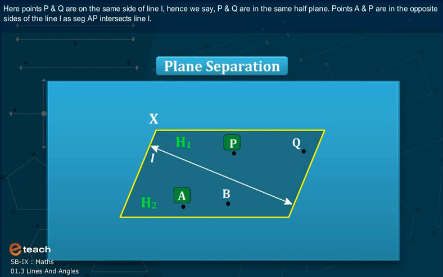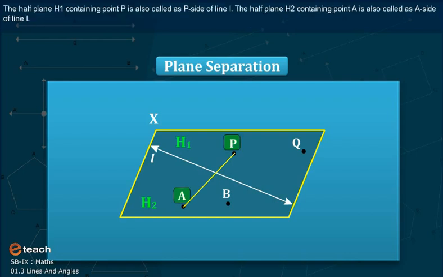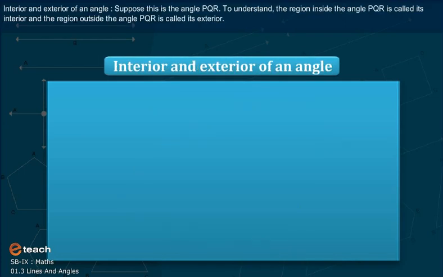Points A and P are on opposite sides of the line L as segment AP intersects line L. The half plane H1 containing point P is also called the P side of line L. The half plane H2 containing point A is also called the A side of line L.